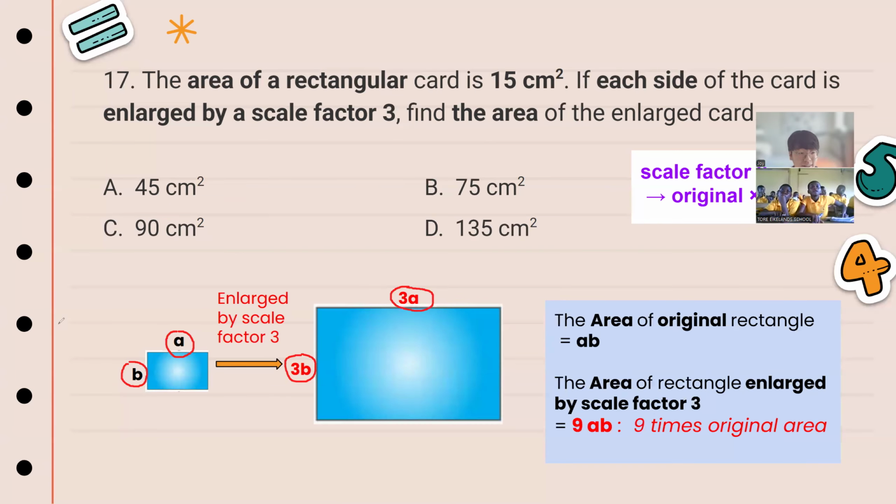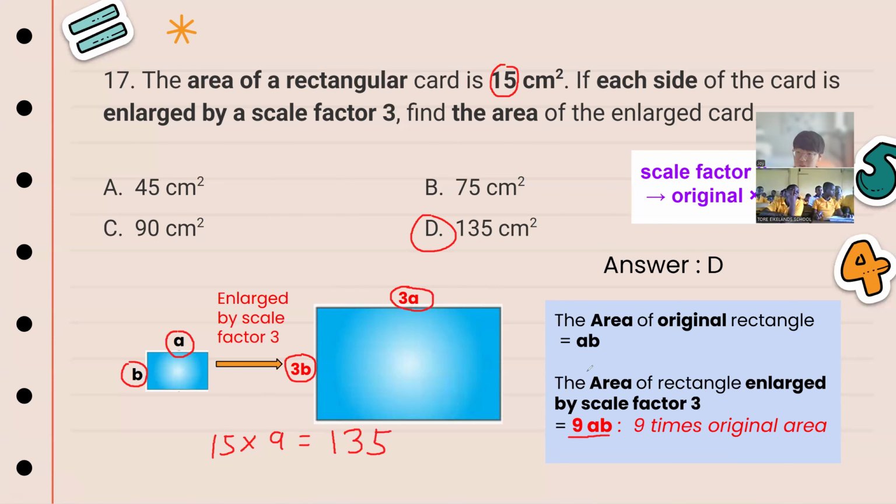Yes, it's D. Because it is 9 times A times B, and A times B was 15. So 15 times 9 equals 135 centimeters squared.